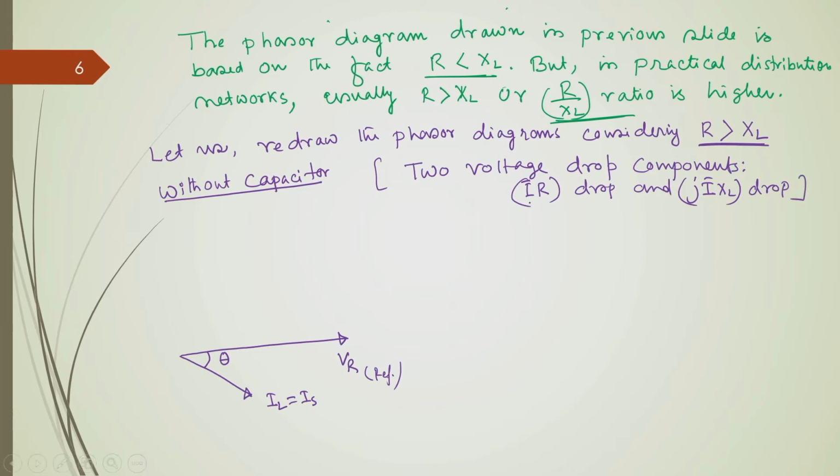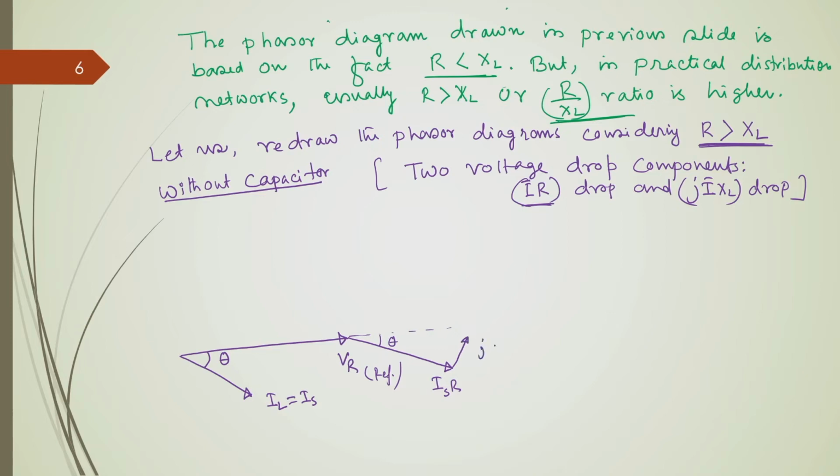In order to put this IR drop, considering that R is greater than XL, the IR drop will be in phase with this I. So, let me draw this in phase. This and this are in the same phase. So, this is also theta and this represents ISR. And since XL is lower than R, I can represent this XL like this.